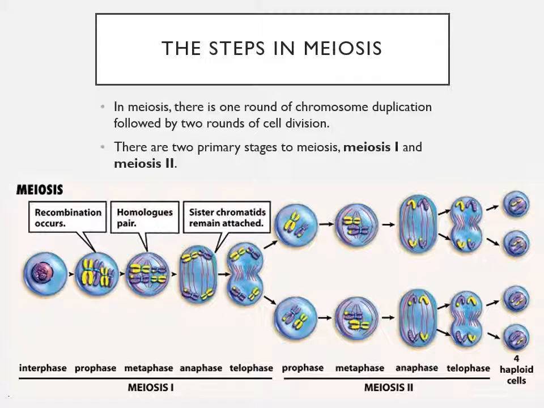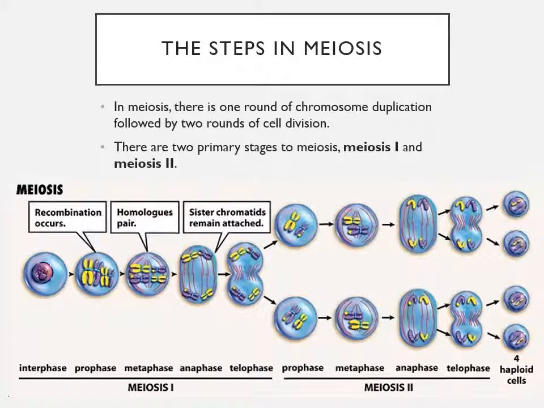So in meiosis, we have two different cell divisions. We start out with our first cell. It goes through this whole process similar in steps to mitosis, a little bit different. We'll go over how that is, but you start out with one cell. It goes through a cell division. You end up with two cells. Those two cells each go through a new cell division, and you end up with 4 cells in the end.